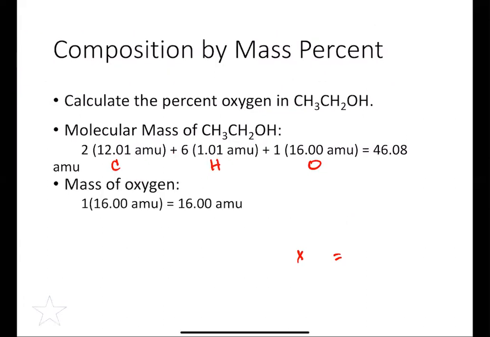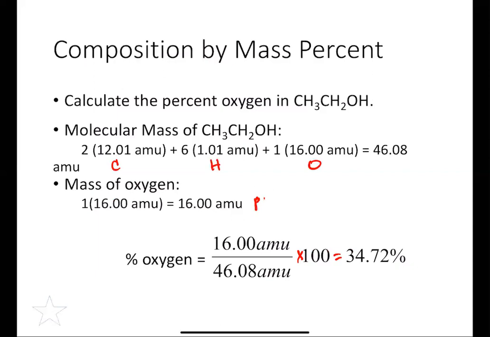Okay, so our mass of just oxygen was 16.00. So that's our part, and this one was our whole, because that's the whole molecule. Okay, so there you go. We have 34.72%. Again, watch those rules for significant figures, just so that you know what you're doing.